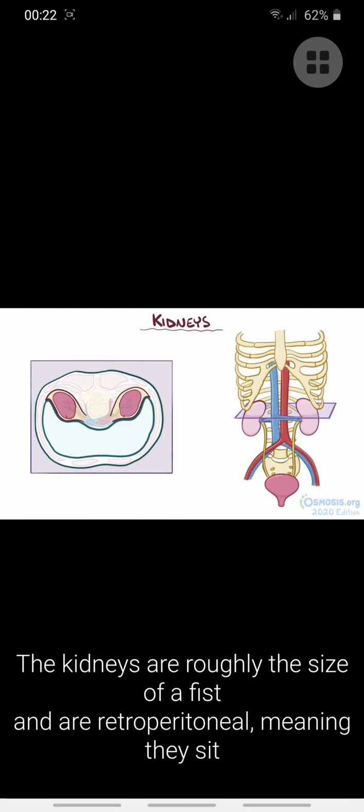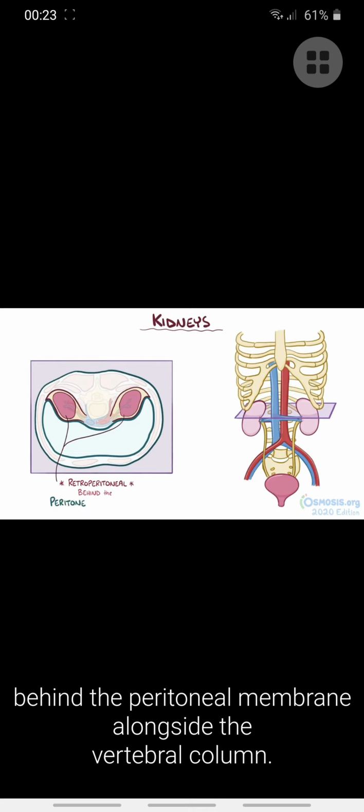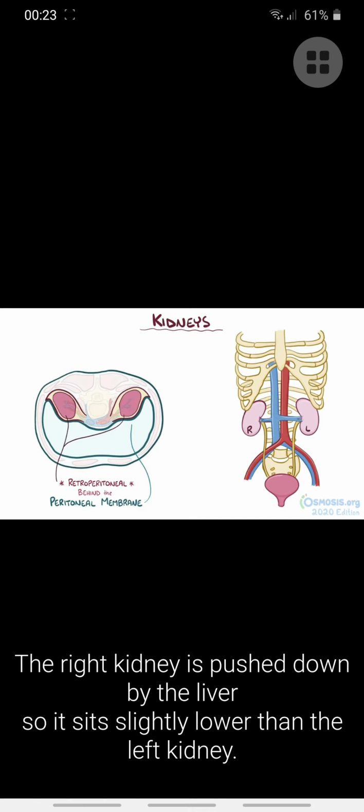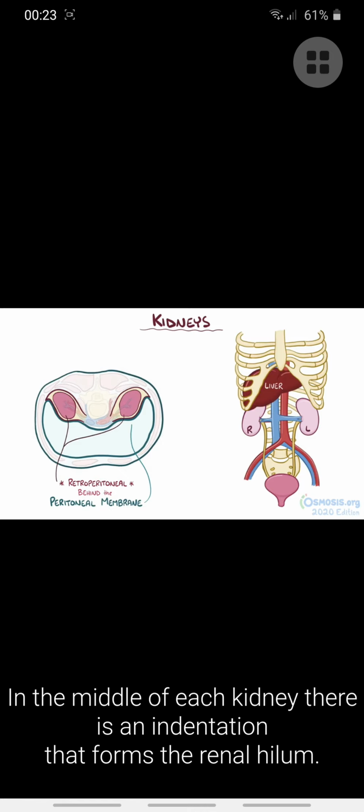The kidneys are roughly the size of a fist and are retroperitoneal, meaning they sit behind the peritoneal membrane alongside the vertebral column. The right kidney is pushed down by the liver, so it sits slightly lower than the left kidney.